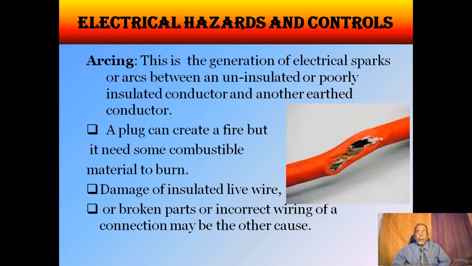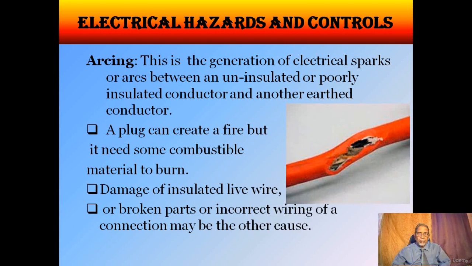Arcing is the main reason for the creation of fire in electric circuits. This is the generation of electrical sparks or arcs between an uninsulated or poorly insulated conductor and other earthed conductors.